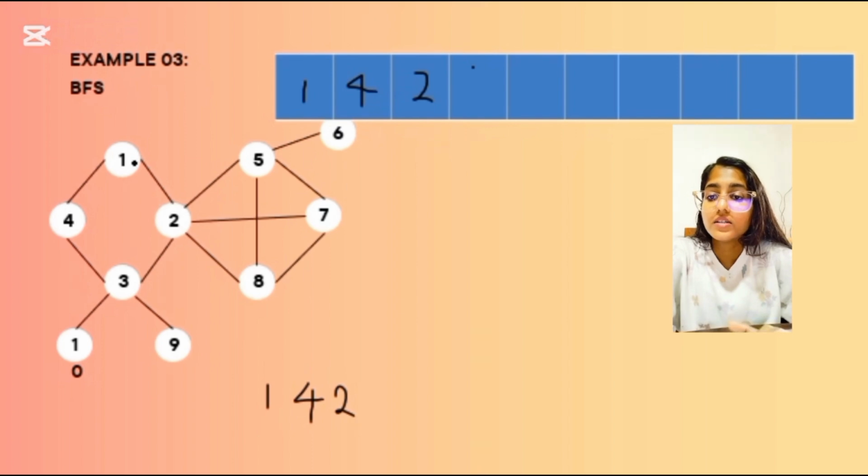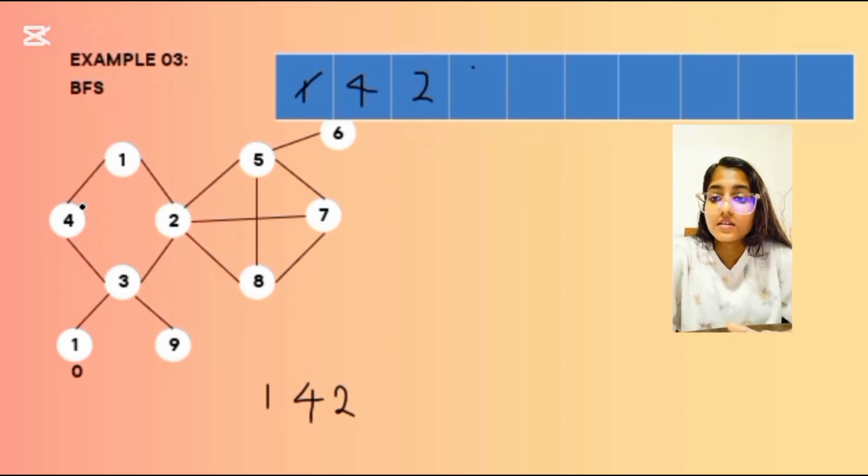Then all the adjacent vertices of 1 are explored, and remove 1 from this queue. Then the next node to be visited is 4, and you must start exploring 4.